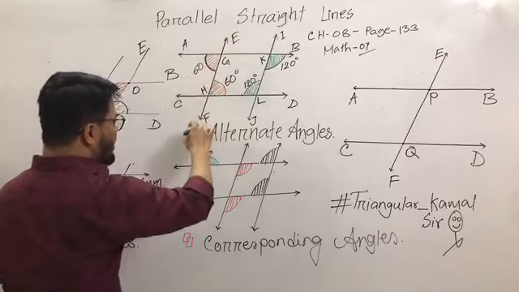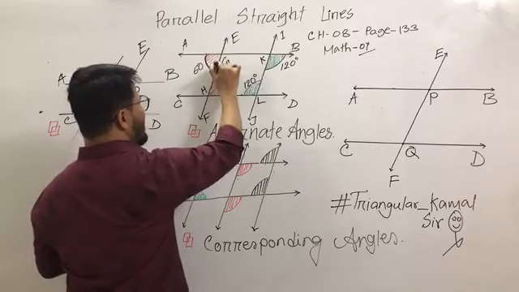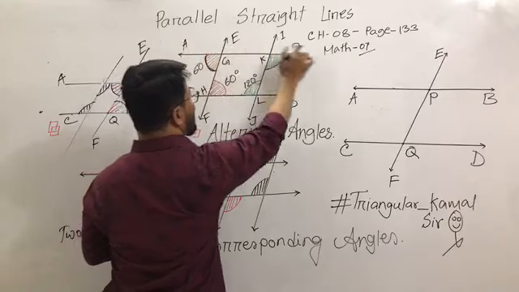The transversal line EF makes a 60 degree angle with the AB line.